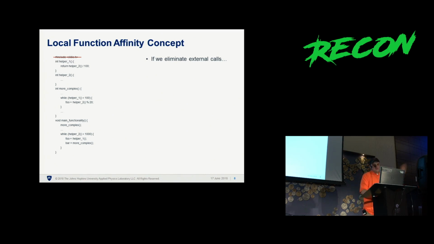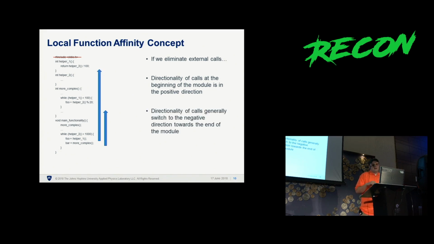But let's say we eliminated the external calls and we look at the directionality of calls within the file. At the beginning of the file, calls are going to be in the positive direction to functions later on in the file. And I'm going to see the directionality of the calls switch to the negative direction towards the end of the module. Okay.